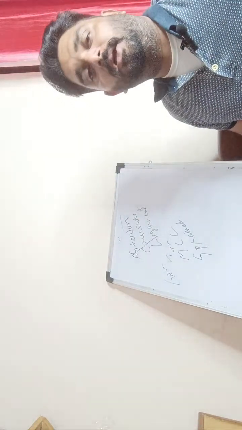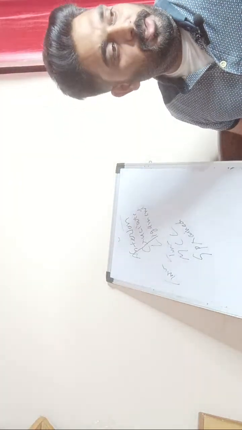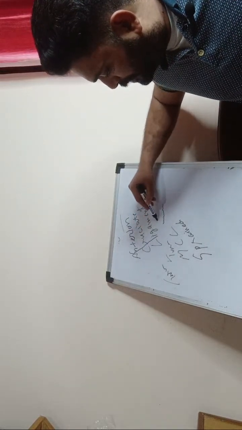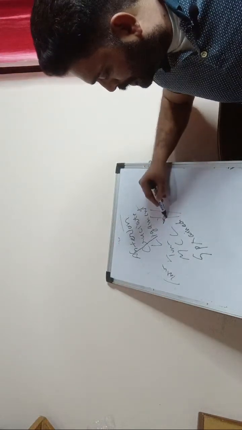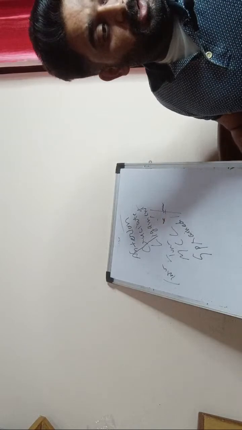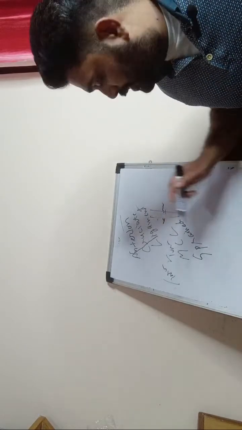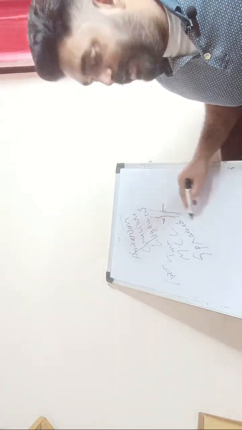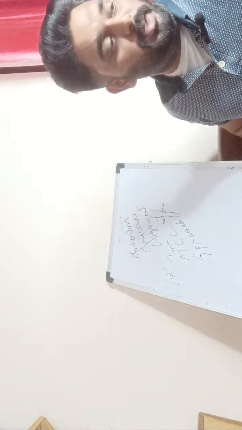Transverse can be in this way, across the bone. Then there can be a greenstick, when the bone is slightly bent, like a green stick of a tree that can be bent and not broken.